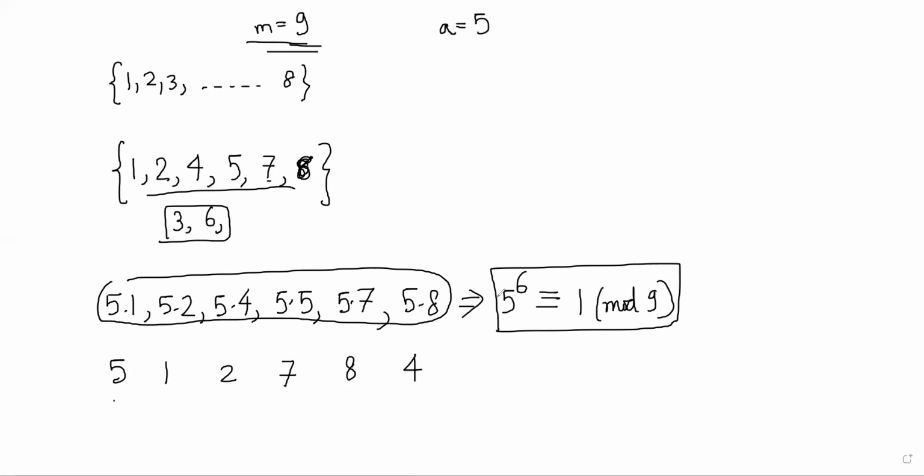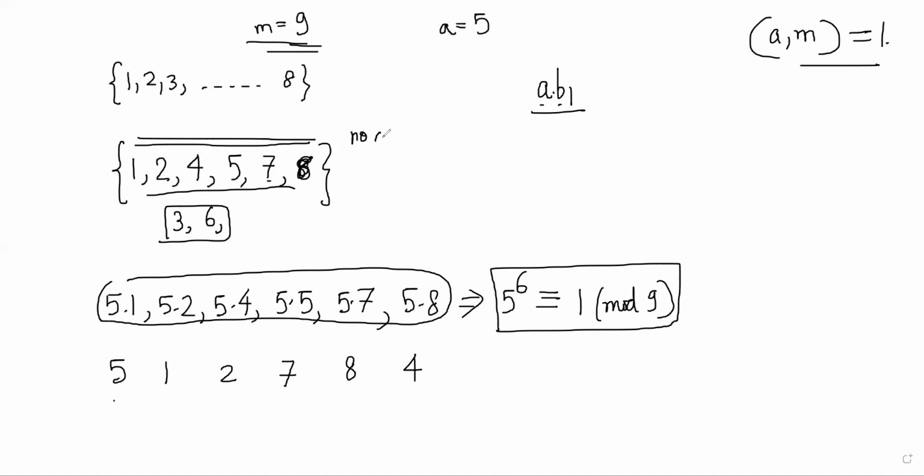Whenever you multiply A times some remainder here, let's say B1, A is co-prime with M. So if I multiply two numbers, none of which have any common factors with M, now it is obvious, no? What is special about these numbers? These numbers have no common factors with 9.